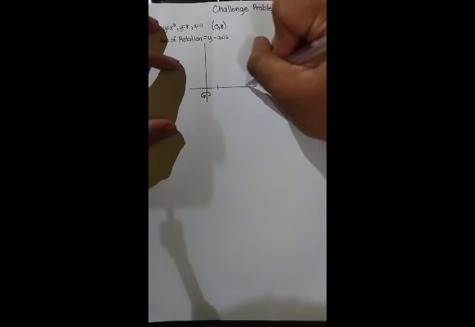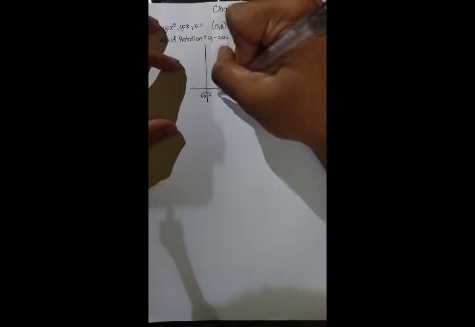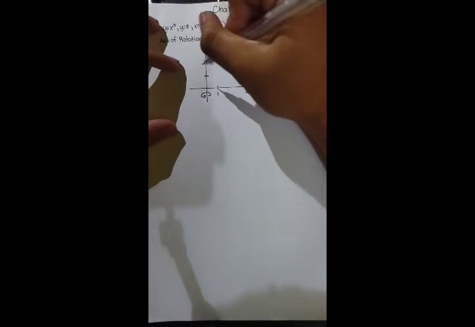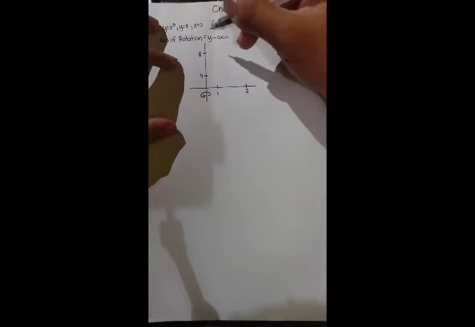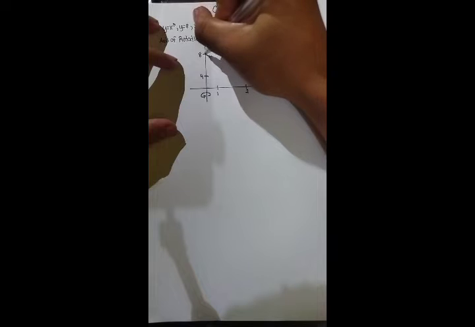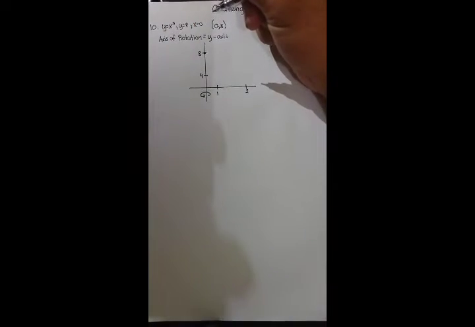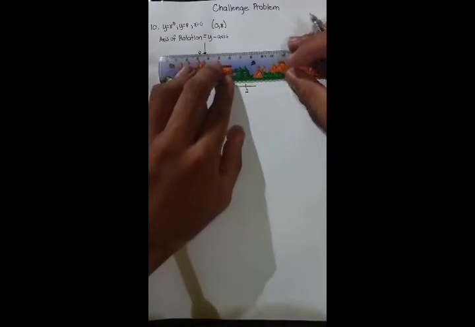Then, we'll label the graph. So, our point of intersection is 0, 8. So, we'll plot and sketch the graph.